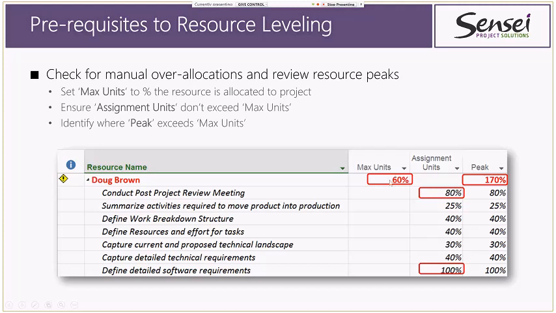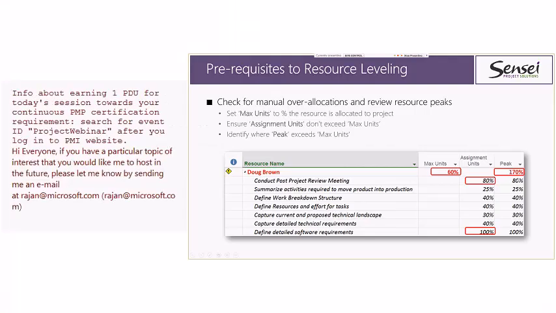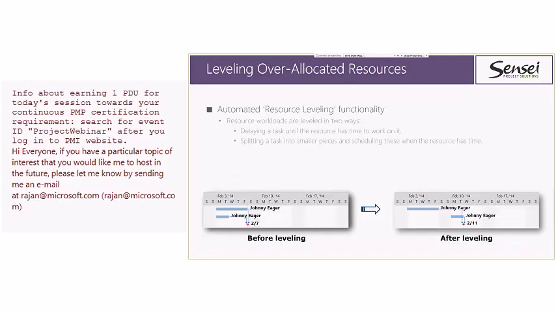So if I know I'm working towards 60% of Doug's time for this project, then I can look at the next column here, which is my assignment units, and say, well, I really can't assign Doug more than 60%, so I should fix the 80 and 100%. And then even after that, you may still see a peak, in this case, 170%. So that's the manual process, which I'll show you here in just a second.